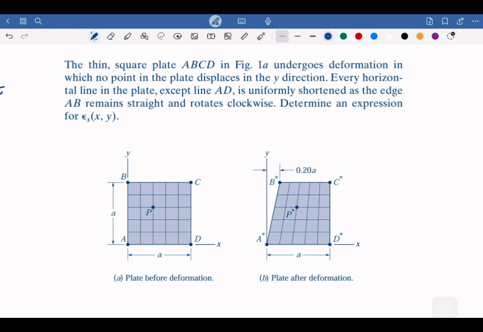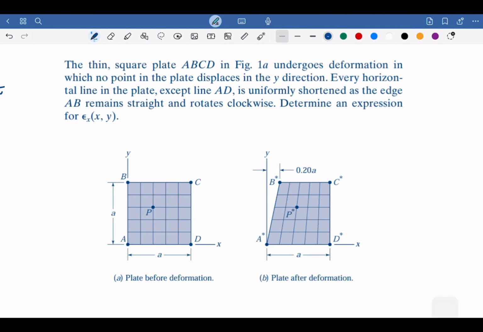So we are going to focus on the deformation in the x direction. Every horizontal line in the plate except line AD is uniformly shortened. So we are going to make sure that AD stays at its original length, and the other horizontal lines get shortened.